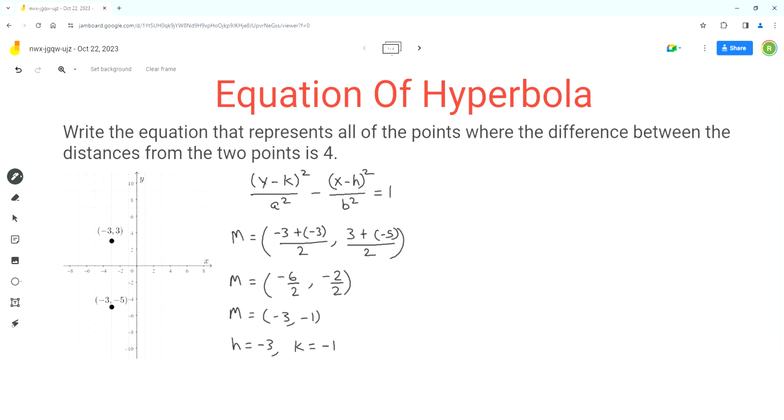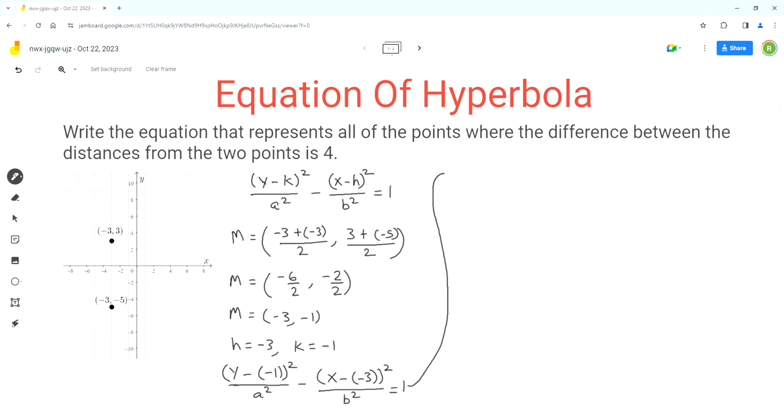We can sub in these h and k values in our general equation that I wrote. So we get (y minus -1) squared over a squared minus (x minus -3) squared over b squared equals 1.